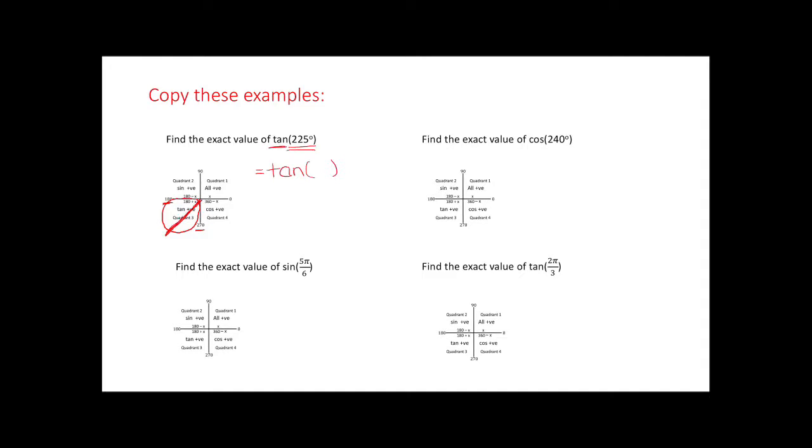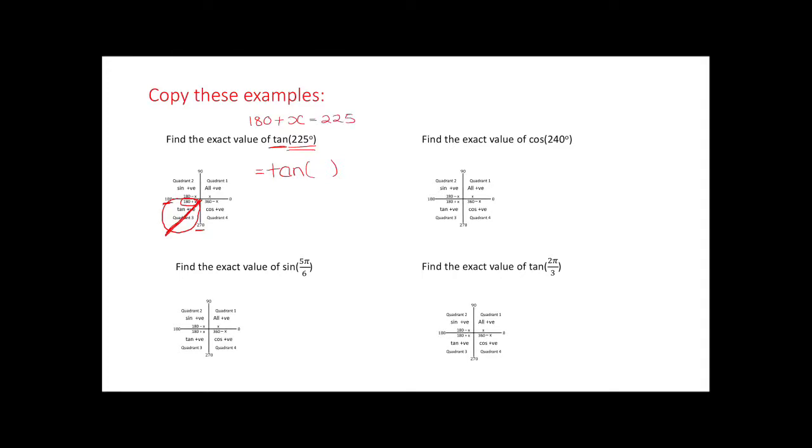Now, when you're trying to find your something else, it comes down to the calculation that you perform to help you find your next related angle. If we were in this quadrant, we would do 180 plus something, and that 180 plus something would get us to 225. So 180 plus x gives us 225.